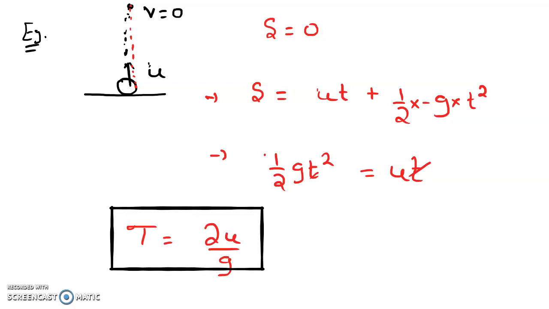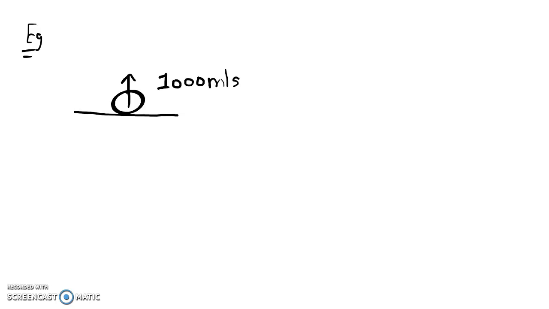So let's come to the problem I asked you. Say for example, I throw a ball with a velocity of 1000 meter per second. What would be the maximum height achieved by it?